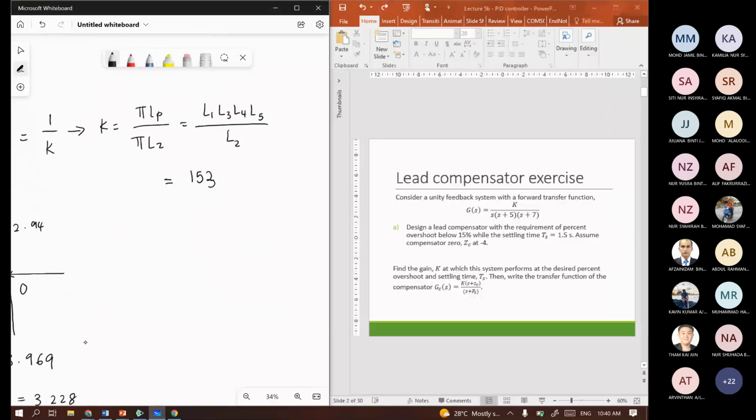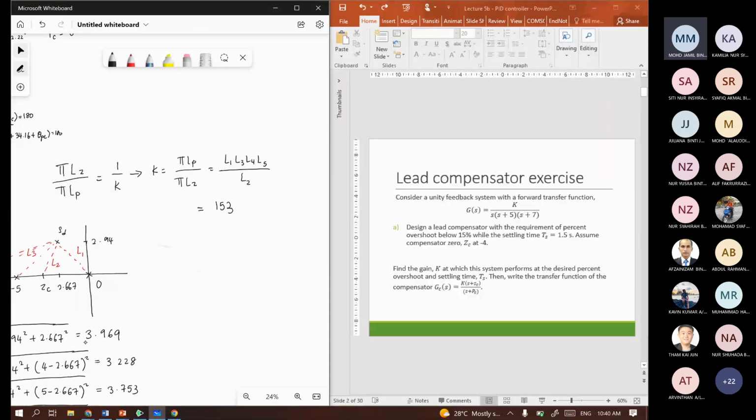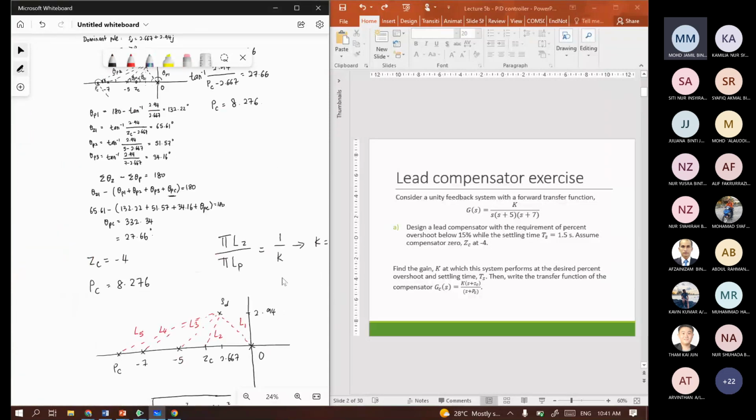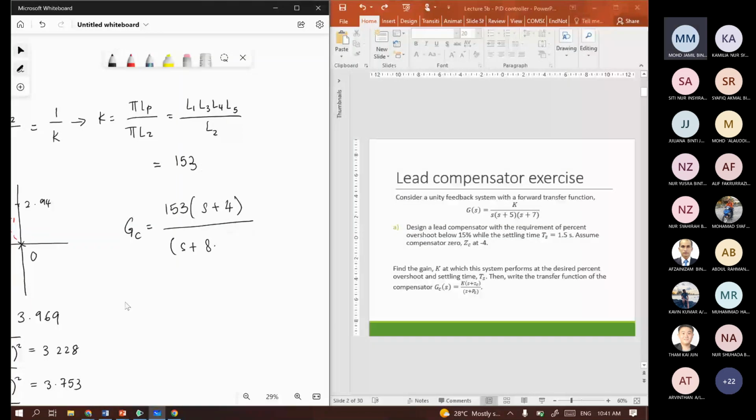Okay. Then you can substitute the value of k, ZC, and PC to create GC. So GC equals 153 times S plus 4, divided by S plus 8.276.